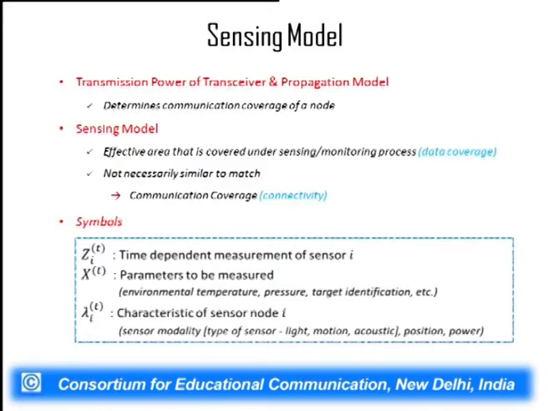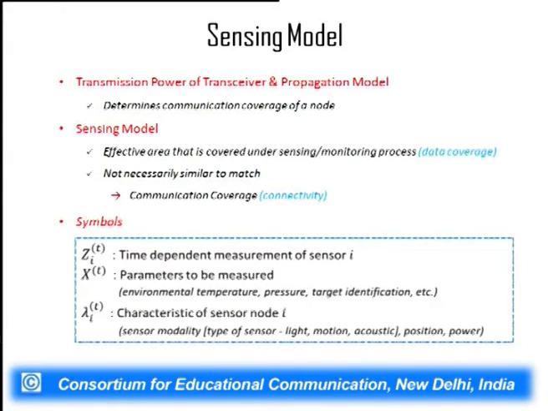Now, some symbols are there which we need to know. The first one is Z_i(t). It is a time dependent measurement of sensor i. If a sensor is going to record some data, it will be denoted by Z_i with respect to time t. Then we have the variable x(t).